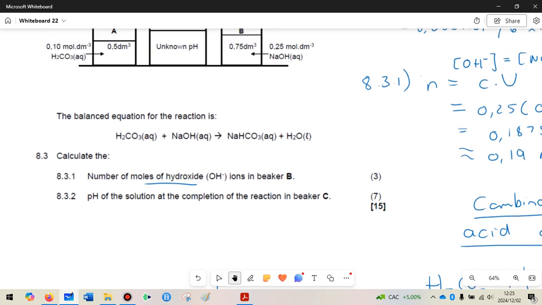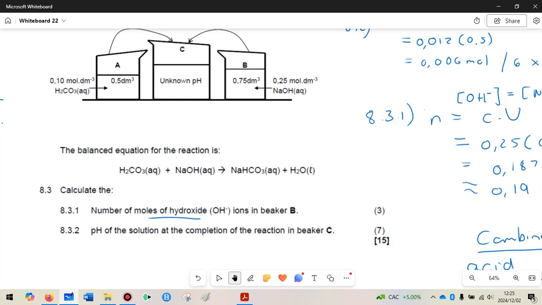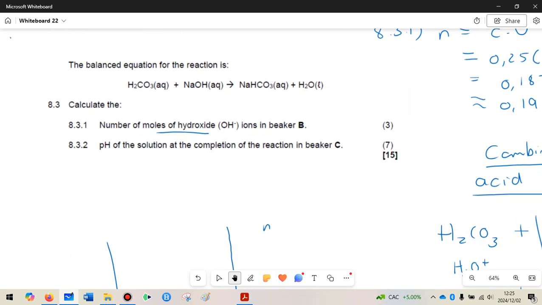Okay, so the final question is to work out the pH of this solution. Now, before we work it out, let's just talk in general what we're really trying to do. So I'm going to take it back a step and give you a hypothetical situation.